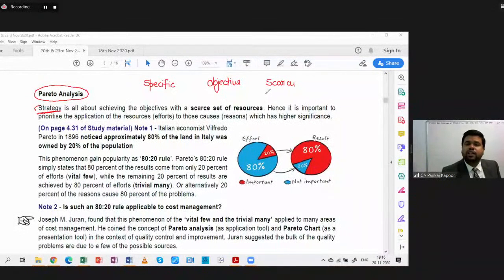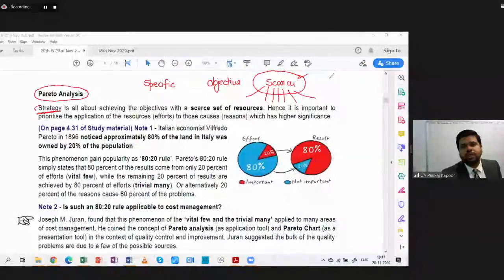If the resources are freely available, you need not make a strategy. If the fund is freely available, no one will hire a finance manager. Fund is limitedly available, and we need to optimally utilize it. That's why we need to hire a finance manager. So one among the three important features of strategy is that it tackles the issue of scarcity of resources. In business, resources are scarce, but there are many areas where we need to deploy them.